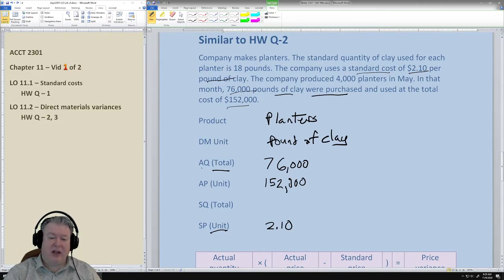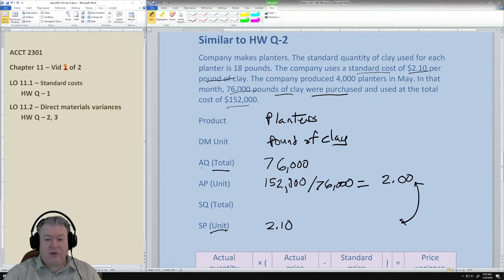So here we're given the 76,000 of how much we purchased. So if I just divide those out, right? If I divide those out, I'm going to get to $2. Now I can compare these two and say, are these on the same magnitude? $2.10 budgeted, actually paid $2.